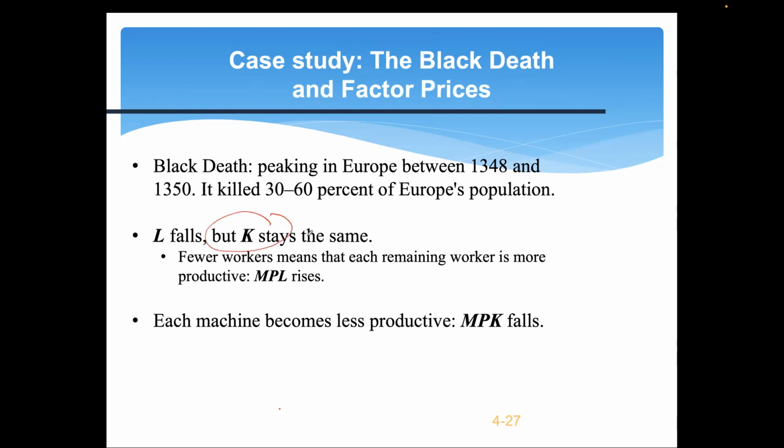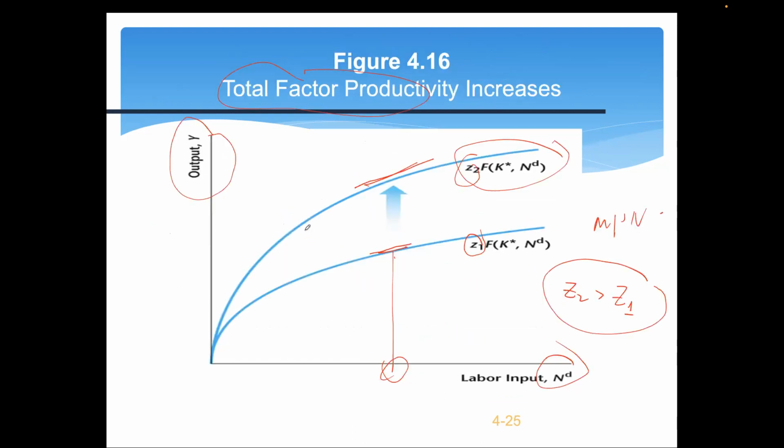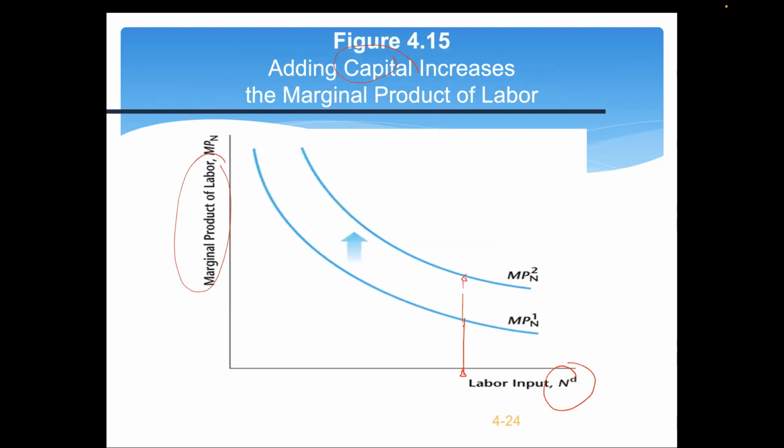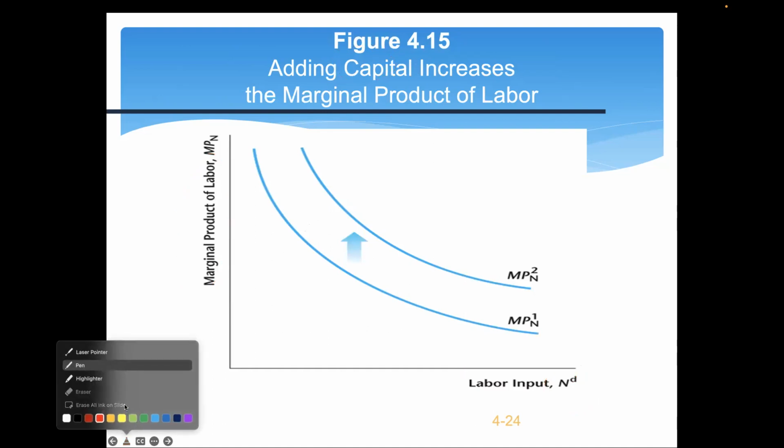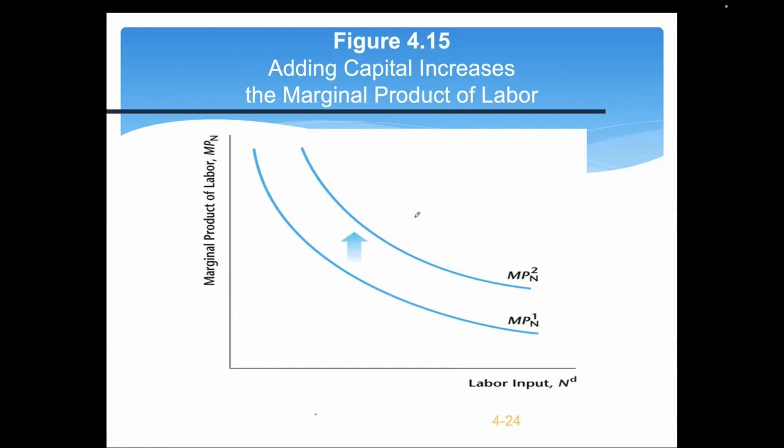Now follow what we just had before. Maybe we can just look at this slide. In 2 years' time, labor suddenly declined. So we were here, and suddenly cut to a halt, we go to here. And then remember, the capital doesn't change, meaning we're going to stay on the same demand curve, or same marginal product of labor curve.